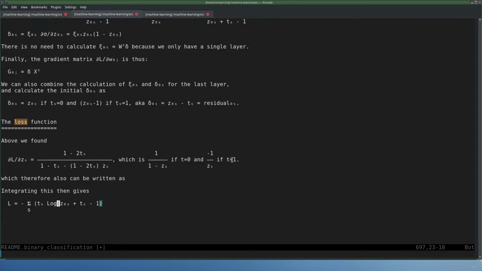So I need the integral of that, which is the log with a minus sign in front of it. So the minus sign stays, and this becomes the log. So this is correct for t equals 1, because if you take the derivative of this, it is 1 over z, and the minus just stays, so you get that.